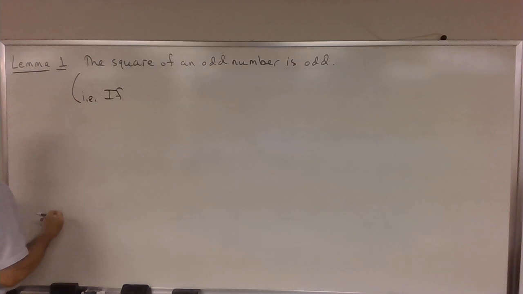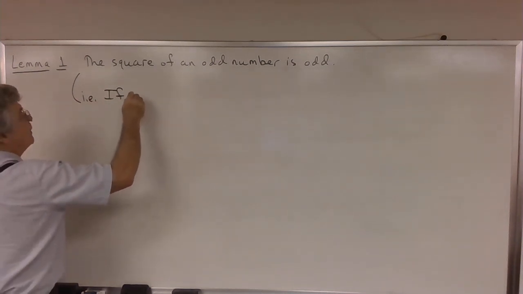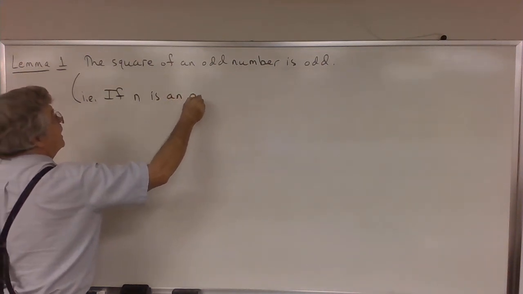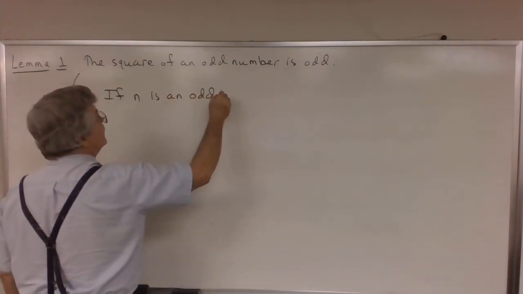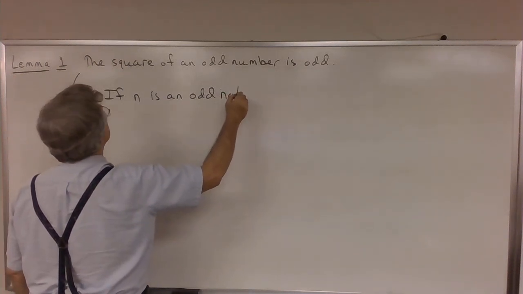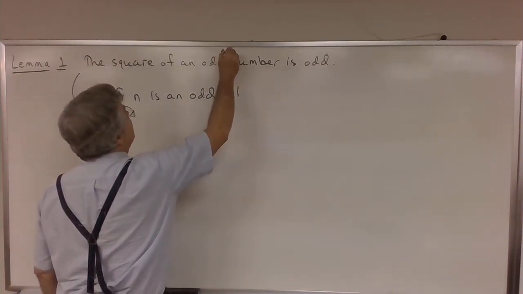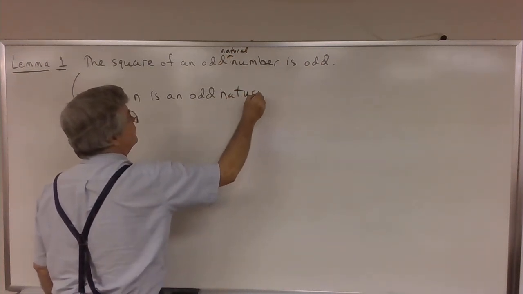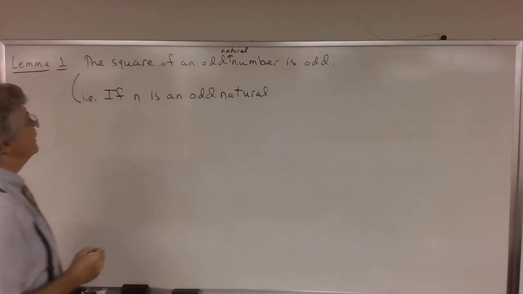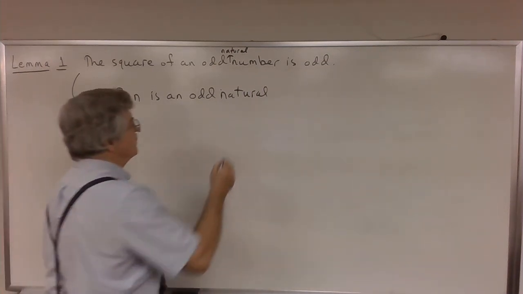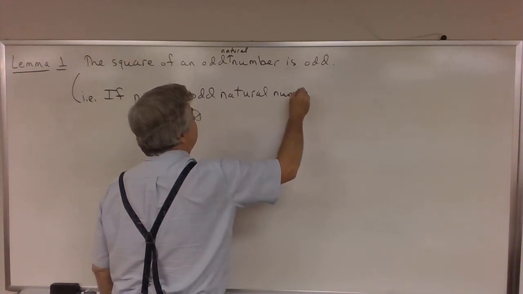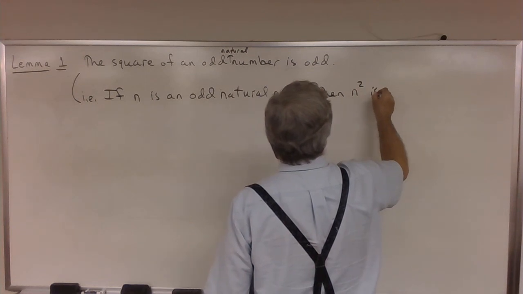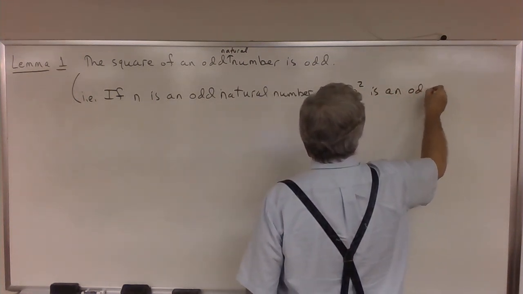This is the same thing as saying, if n is an odd natural number. I'll restrict the conversation to natural numbers here. If n is an odd natural number, then n squared is an odd natural number.